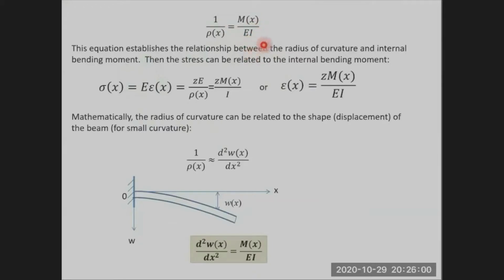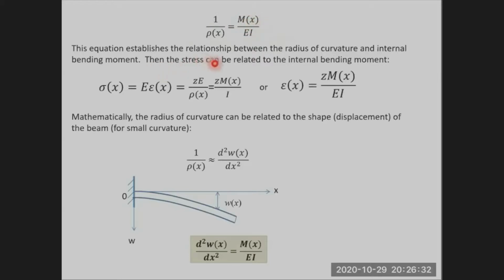So this is rearranged from the previous equation. This equation establishes the relationship between the radius of curvature, or bending radius, and internal bending moment M(x). So it's a relationship between a geometrical quantity, rho, and the mechanical quantity, M(x).